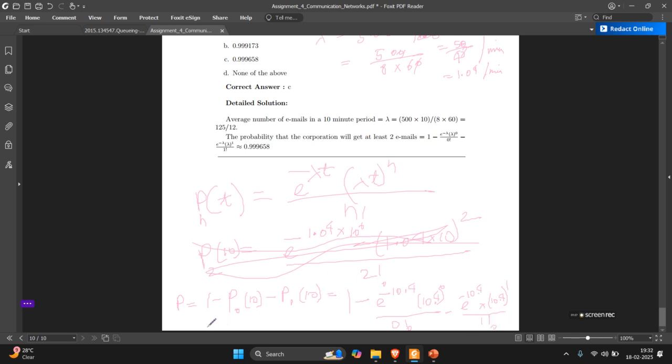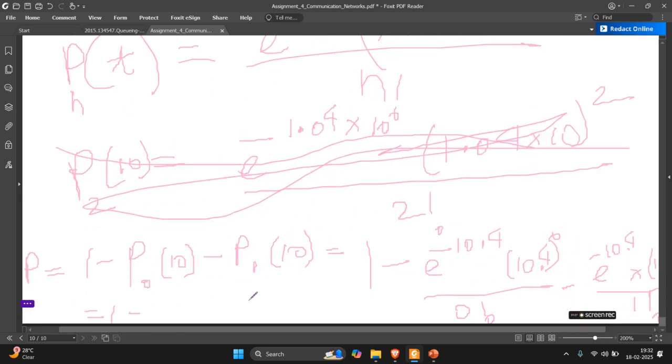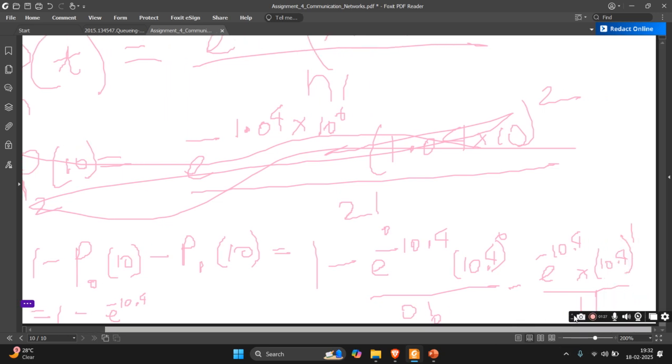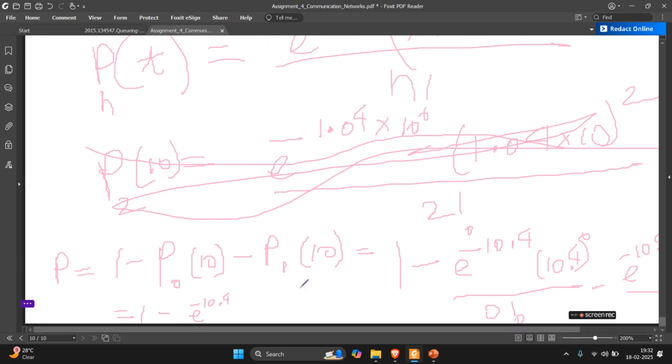Since 10.4 to the power 0 and 0 factorial are all 1, and 1 factorial is 1, the next term is 10.4 e to the power minus 10.4. So the final answer is 1 minus 11.4 e to the power minus 10.4.